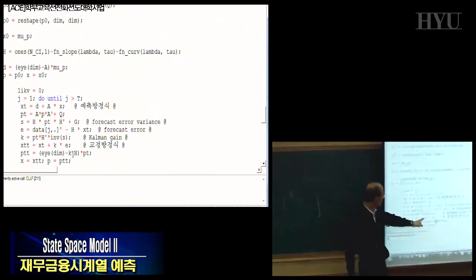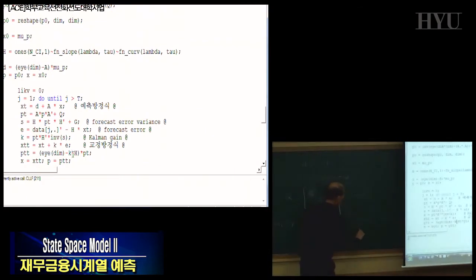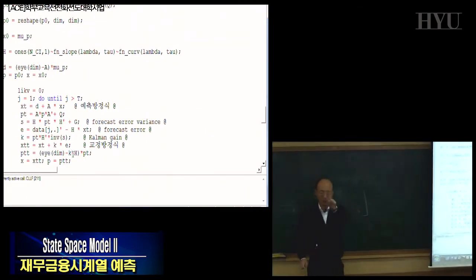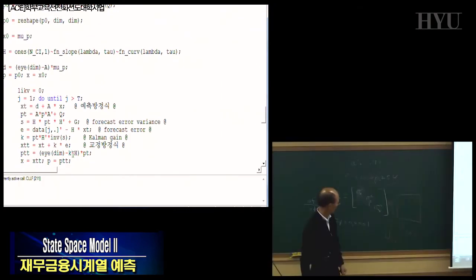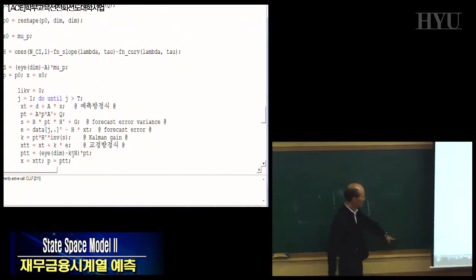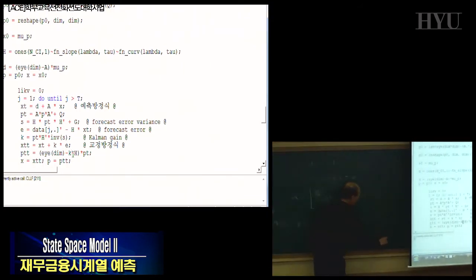And then we know that H has dimension 12 times 3, 1, 1, 1, 1, right? And then slope and curvature, right? So 12 by 3. So this is 12 by 1. So 12 by 3, and x, we know that's 3 by 1.